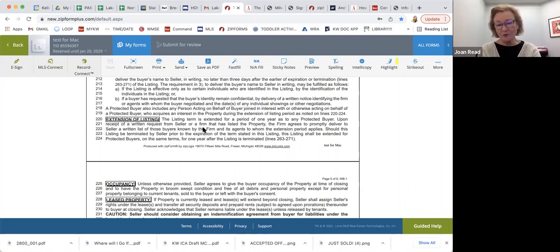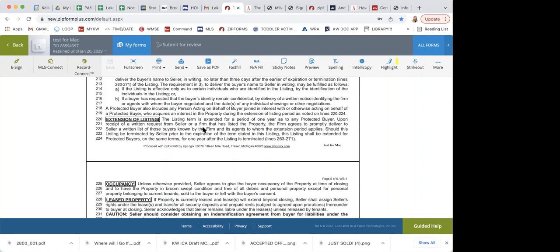If you put in the listing term that the letter can be emailed, then you can email that exception letter. But otherwise, you must post it in the mail within 3 days of the end of the listing term.